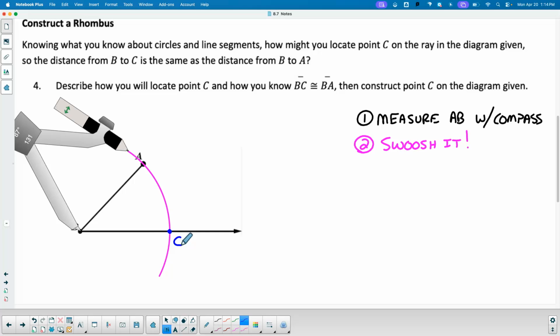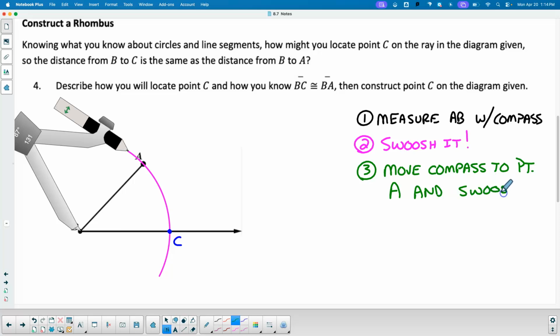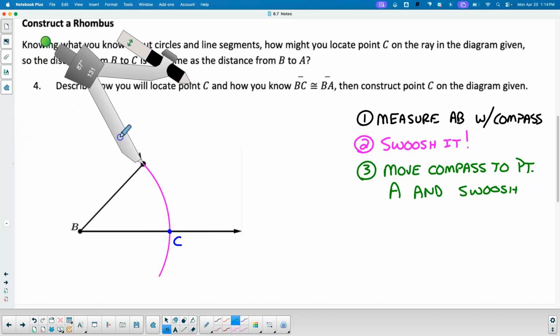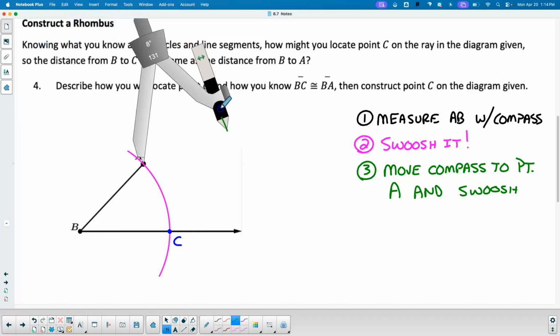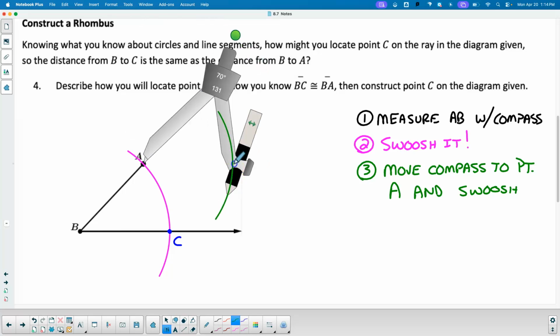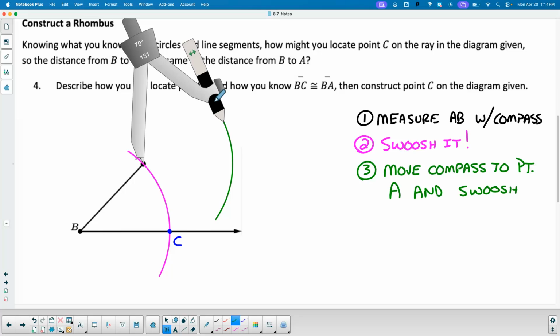Okay? So now I'm going to move the compass to point A, and I'm going to swoosh somewhere in the middle here. Doesn't have to be a very big swoosh, but I'm going to be somewhere in the middle of that angle is where I'm going to swoosh that one.